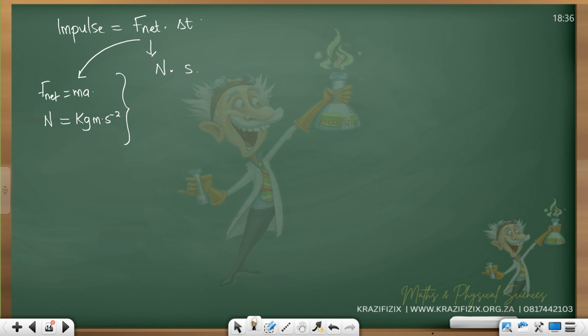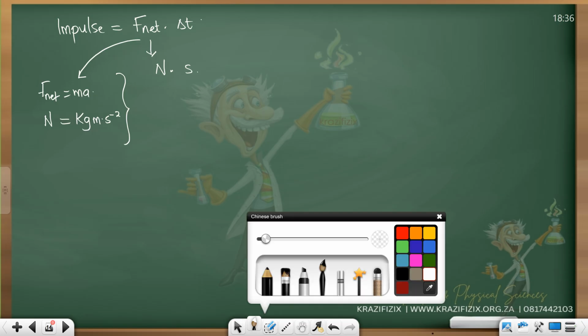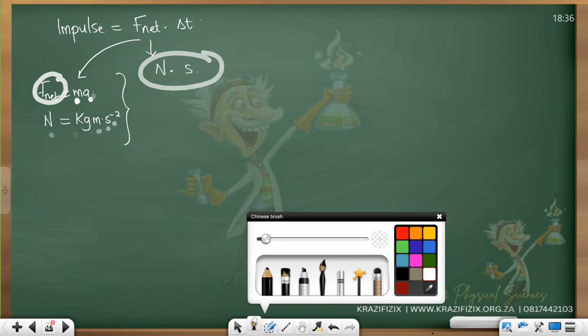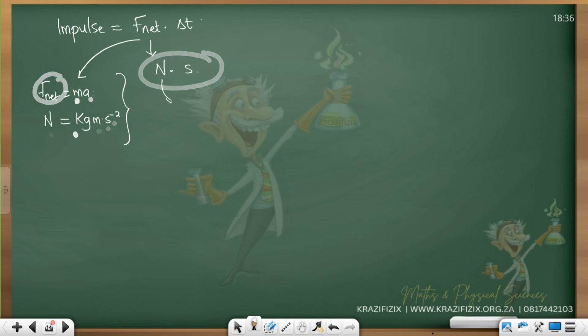The examiners will use multiple choice to test you on this one. So my F net is Newton, which is MA. M is kilogram. Acceleration is meters per second squared. Now, let's bring it back in here. Let's see what we are going to get. kg, meters per second squared, multiplied by seconds.